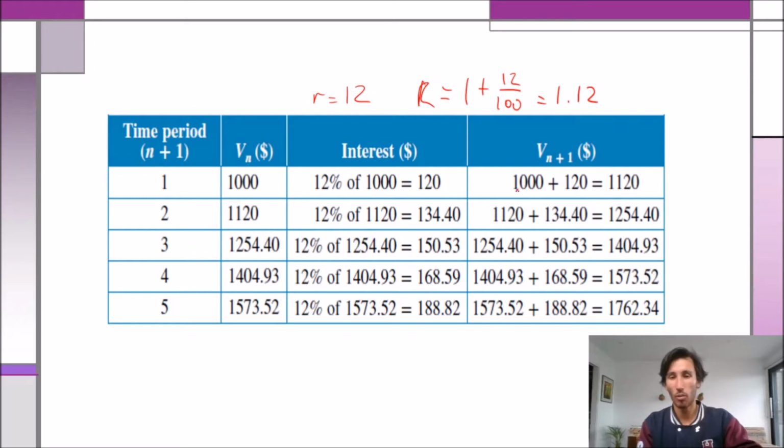You add 1,000 plus 120, you get 1,120. And you put that value in, you find 12% of that, and then you add that on, and you keep finding 12% of that previous value and adding it on. So that's what we're talking about with compound interest. That's right, you're not adding 120 each time. It's actually the amount that you're adding each time grows each time.